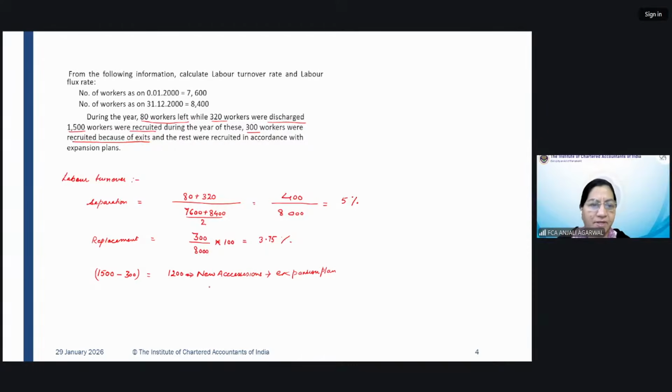Due to expansion plan, so these are new accessions. So if you are asked to calculate the new accession, 1,200 on 8,000 would be the new accession, 15%.